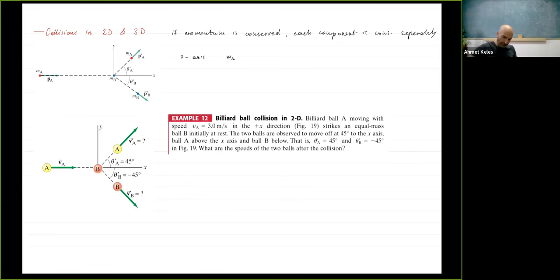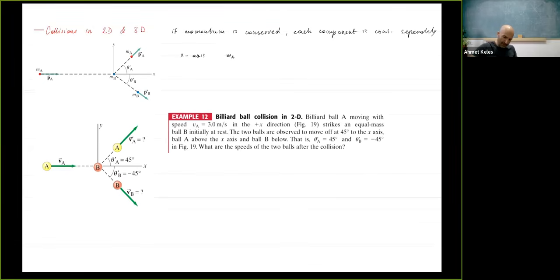So MA times VAX prime plus MB times VBX prime should be equal to MA VAX plus MB VBX.